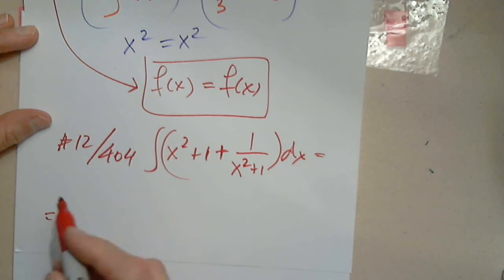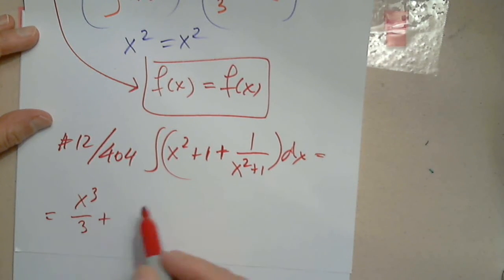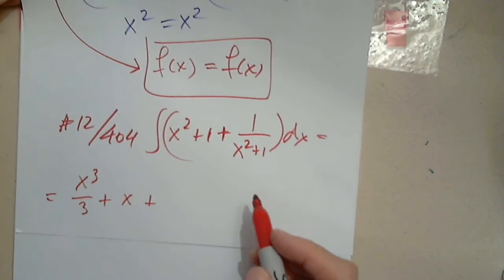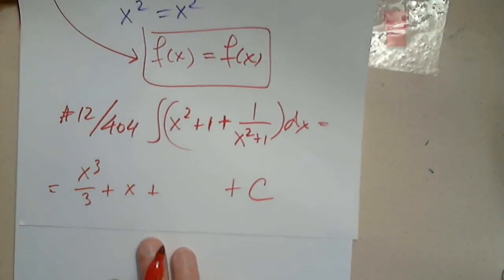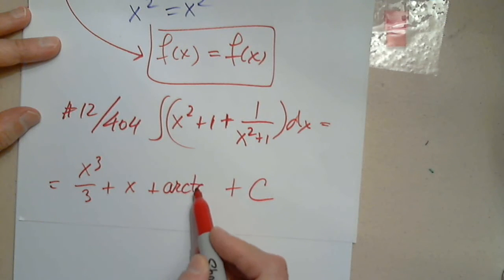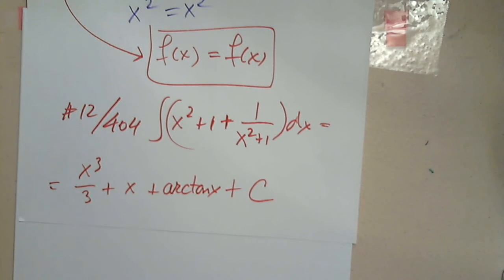X cubed over 3. Very good. Plus x, plus which function prime is this? Arctangent. Very good. That's it. Can you check?